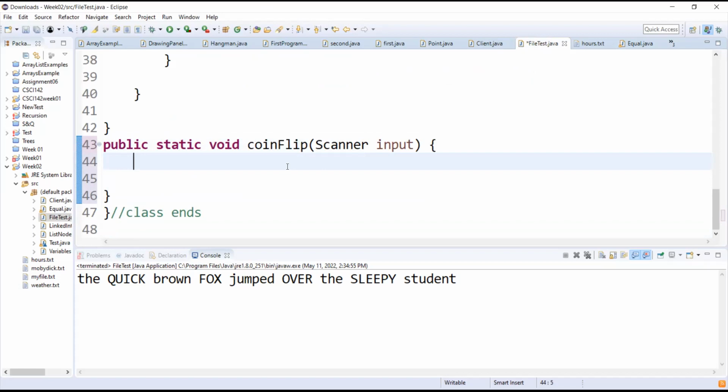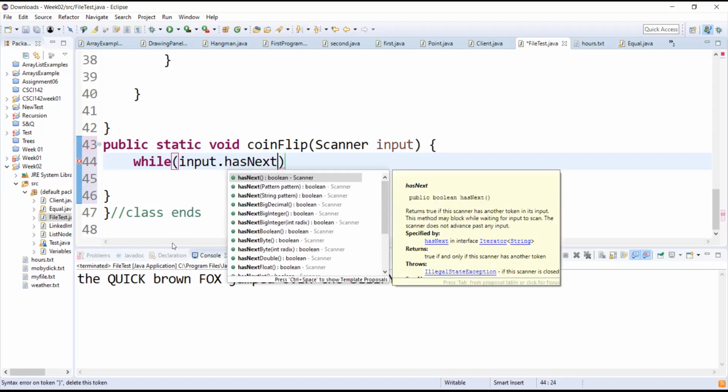So if we are going line to line, it means we have to do the line scan, because when we have the line, we have to scan that line according to our situation, looking for head and tail letters. So our first while loop will be while input dot hasNextLine.